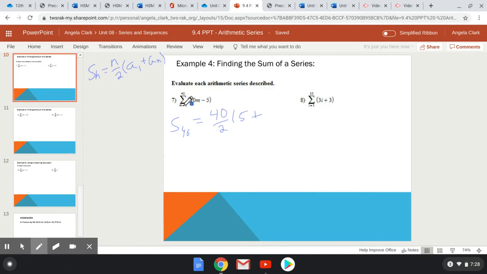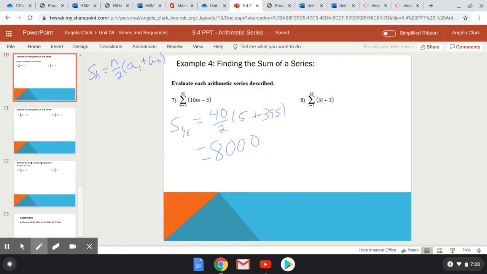We're just plugging in the first one and the last one. So the last term, 40 times 10 is 400, minus 5 is 395. Put that in a calculator and we get 8,000. So that's our solution, 8,000.